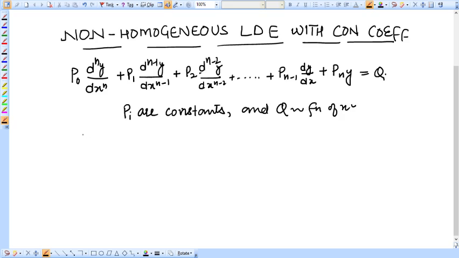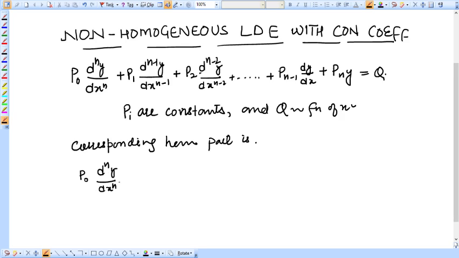Now its corresponding homogeneous equation, the homogeneous part, is p0 d^n y/dx^n plus p1 d^(n-1)y/dx^(n-1), and so on, plus p(n-1) dy/dx plus pn y.